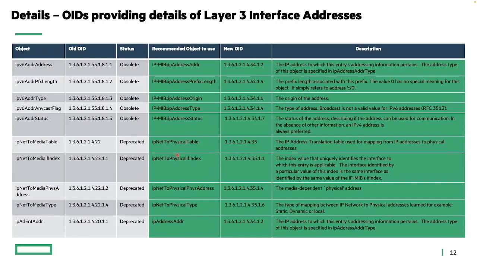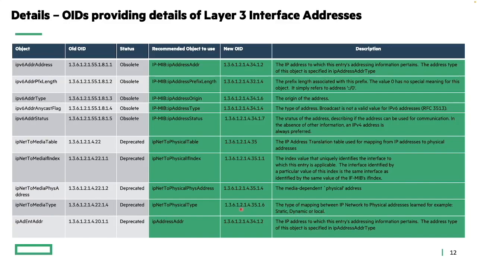Physical. This would give you mainly the ARP table address, the physical table, the IP address translation table used for mapping from IP addresses to physical addresses, and its indexing, right? IP net to physical physical address. This will be the media dependent physical address. Physical type: if you look at the type here, it shows whether it is static learned, dynamic learned, or local learned.